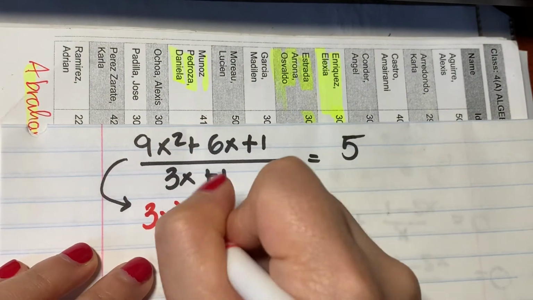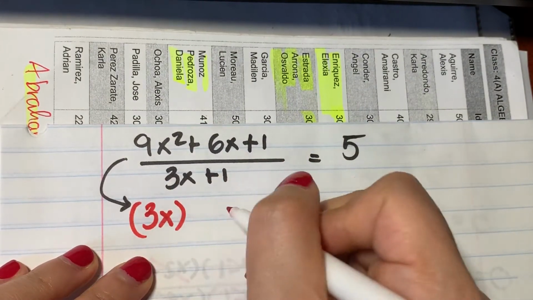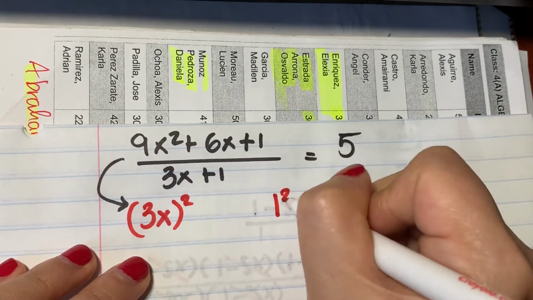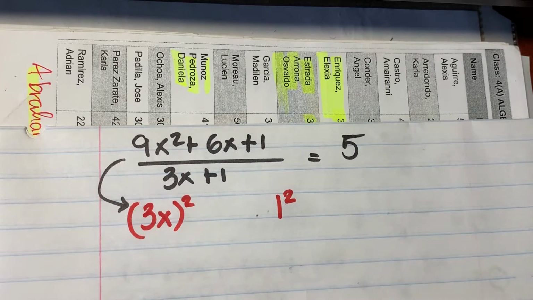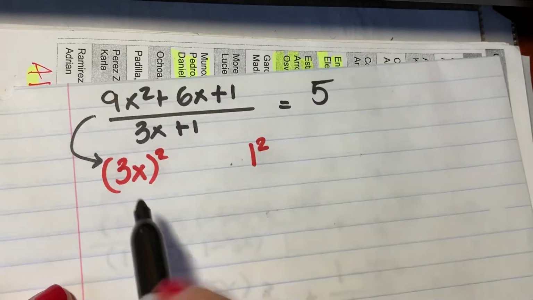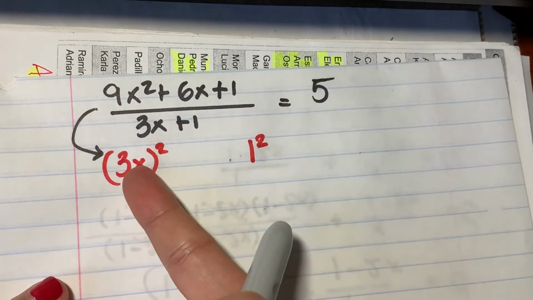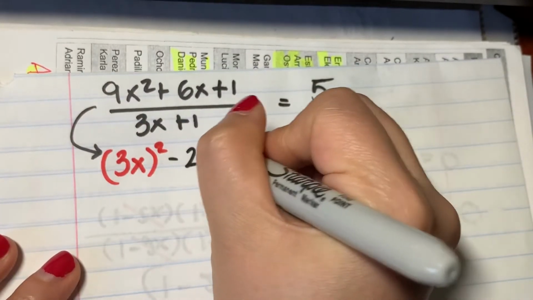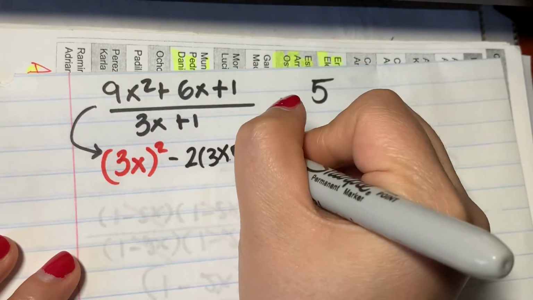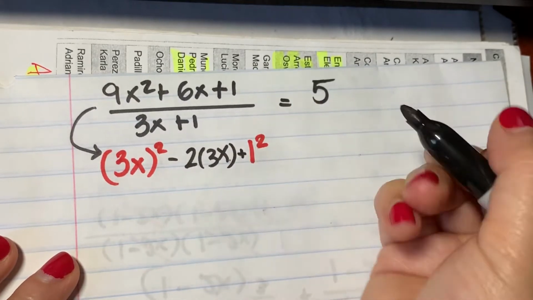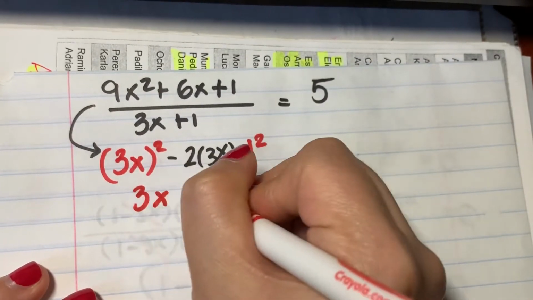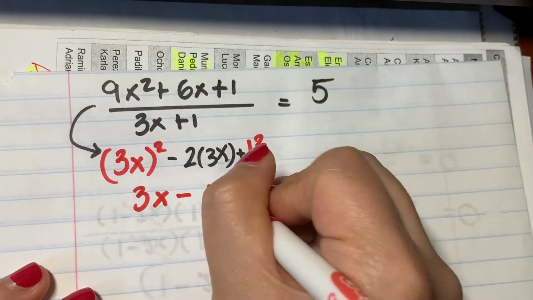So that's just gonna be (3x) squared, right? And then 1, it's just gonna be 1 squared. The middle, when you multiply, then you're gonna have 2 times of 3x. Okay, so that's the formula. We're just gonna rewrite this as (3x plus 1) everything squared.